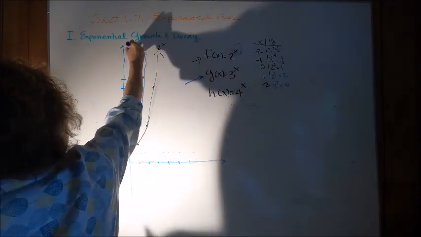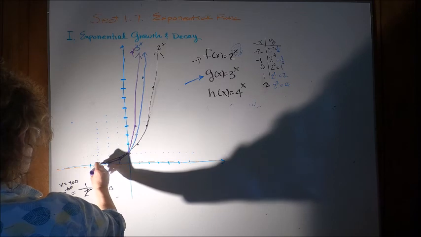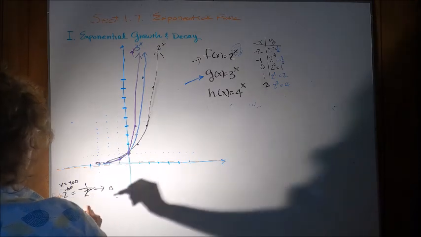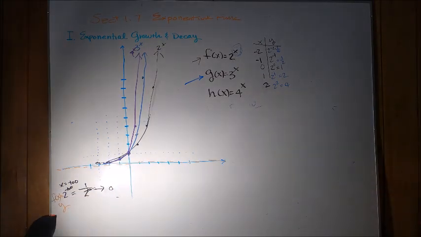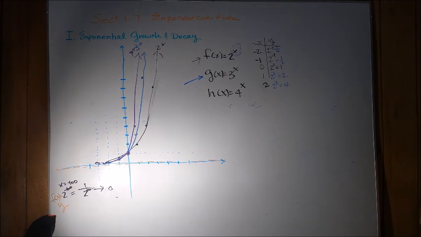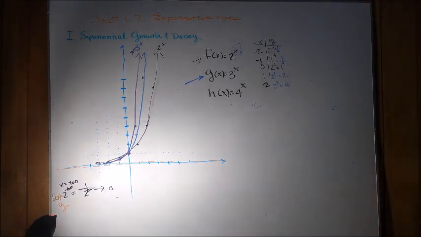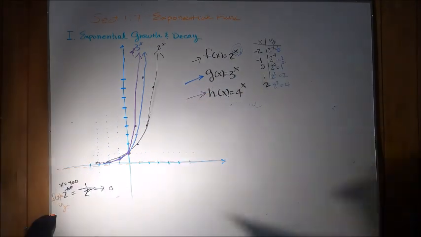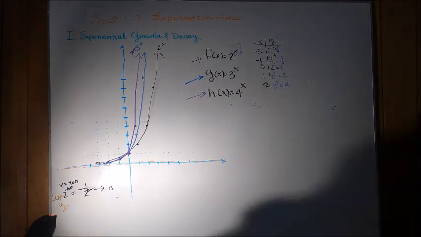That's your 4 to the x power. No matter how small x is, negative, 1 over that number approaches 0, always above 0. So another thing we are going to learn: we are showing the exponential function, and taking a look at the graphs, how do they look?